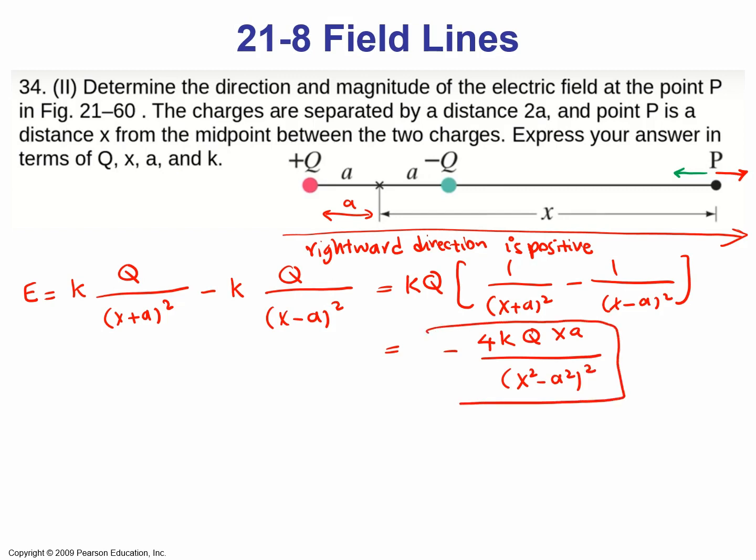So this is the net field, and because this is negative, it means that the net field would be toward left. And that is reasonable because the charge negative q is closer to point P. That means that it's in a stronger field compared to the point charge plus q on the left, and the dominant field would be toward the left on point P.